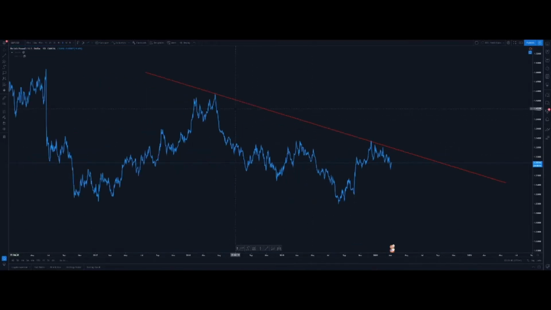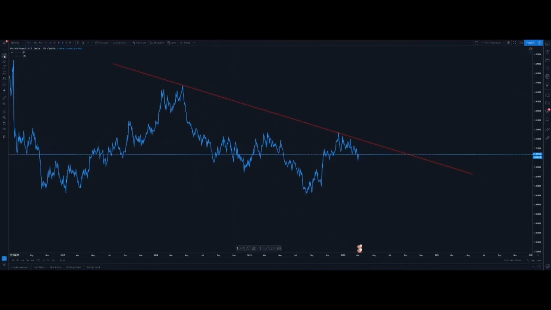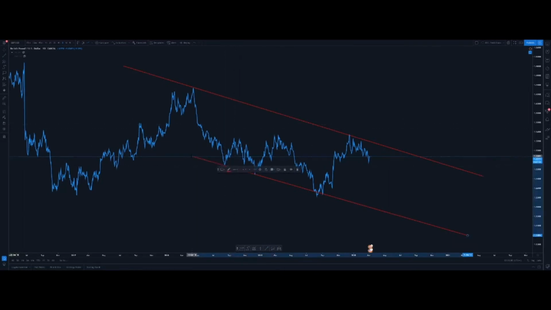So now, when we draw out the support line, which is about here, is the first support. This one is the first confirmation. So let's keep drawing that out. Let's extend this this way.